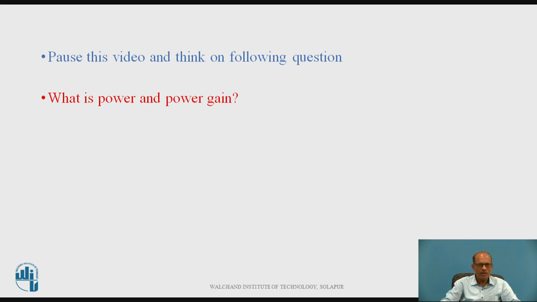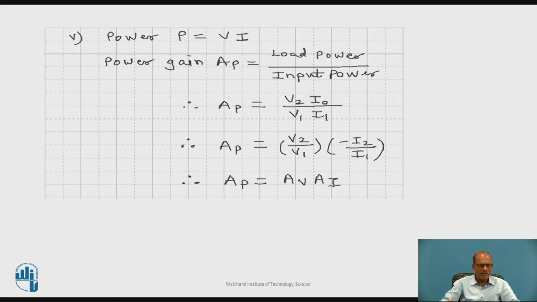Now pause this video and think about the following question: what is power and power gain? Power is the product of voltage and current, so P equals V into I. Power gain Ap is load power divided by input power, that is, output power divided by input power. Therefore, Ap equals the voltage at output multiplied by the current at output, V2 into Io, divided by the input power V1 I1.